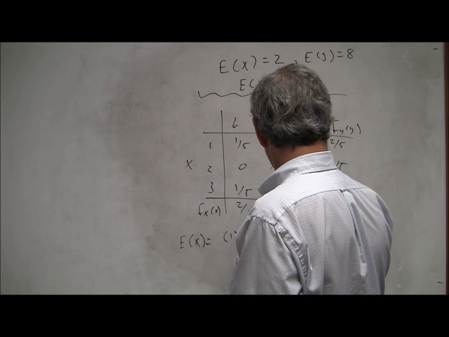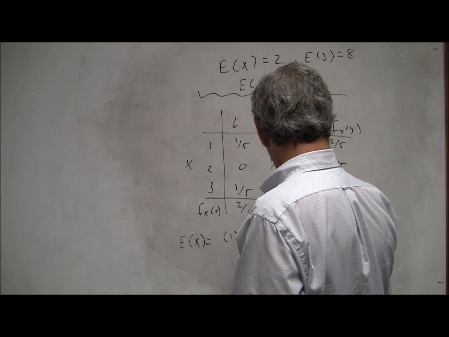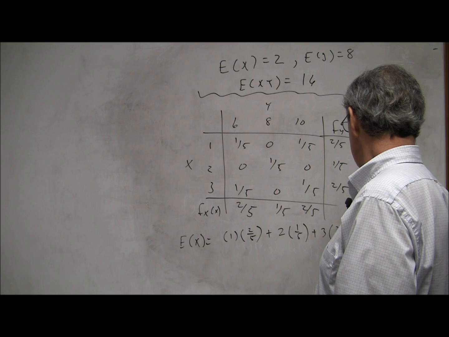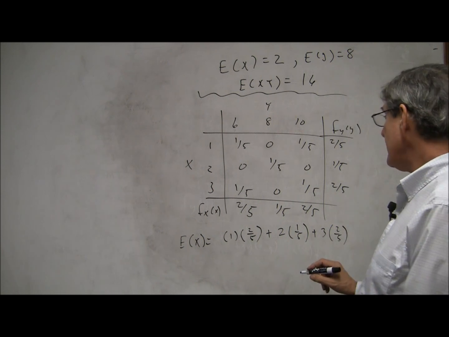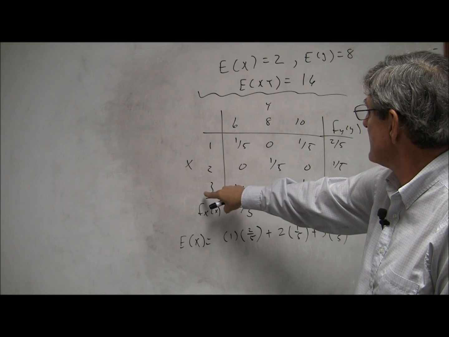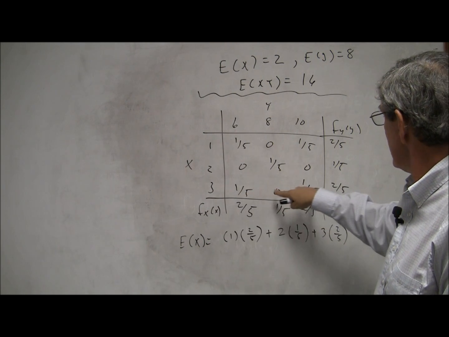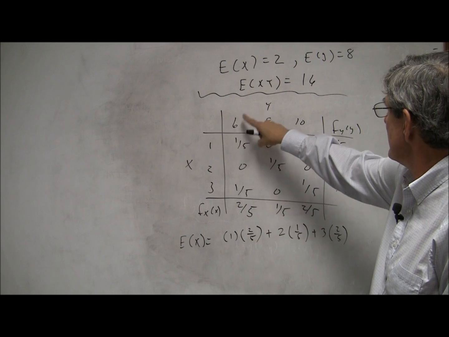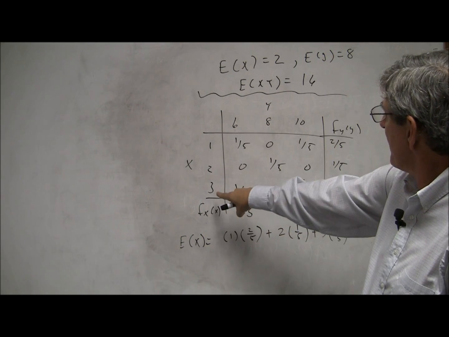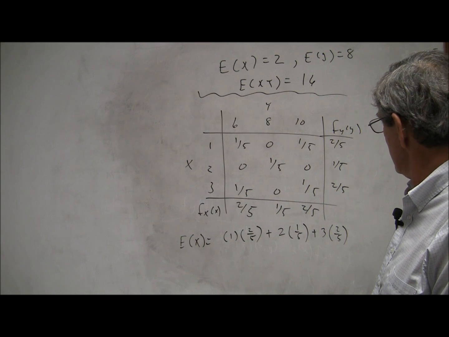Well, it's 2 times 1/5. And what's the probability that x equals 3? Well, it's 3 times 2/5, right? Because for x equals 3, there's two ways it can happen, 1/5 of the time each, so across all the y's the probability that x equals 3 is 2/5.